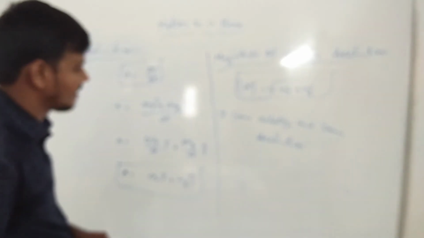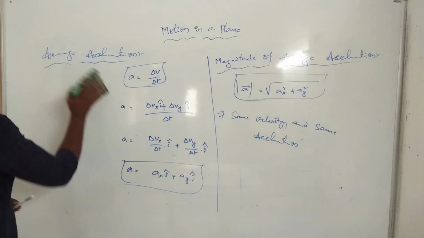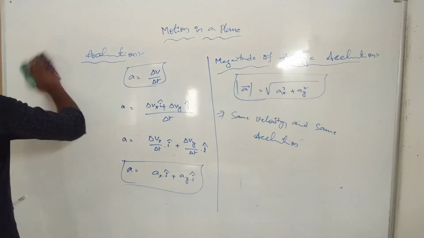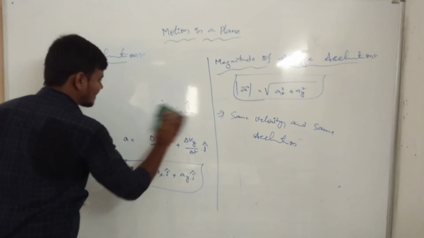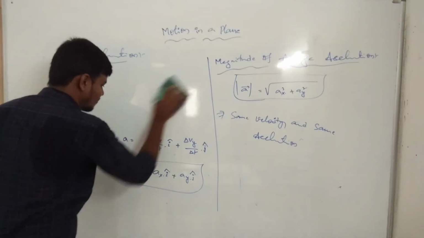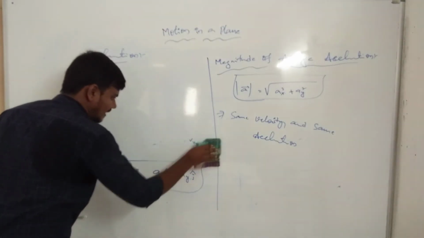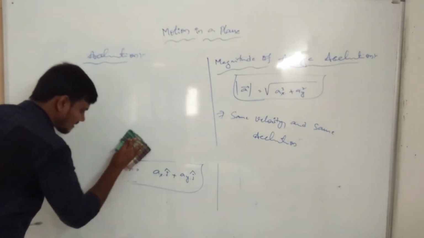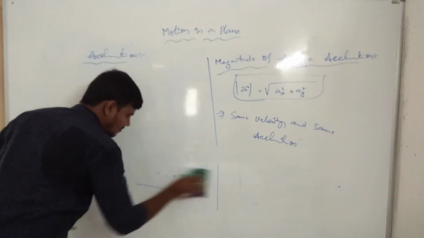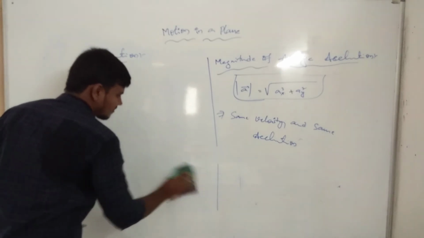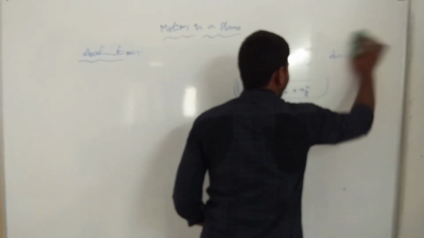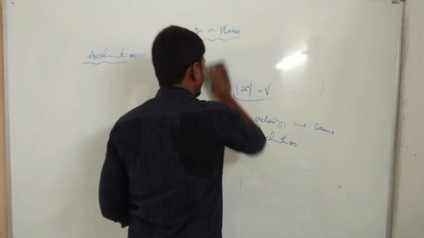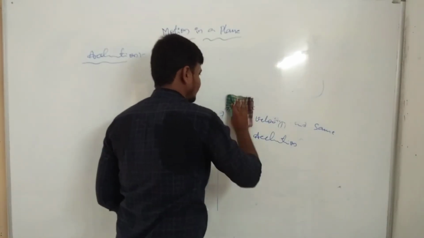Now what is instantaneous acceleration? Instantaneous means an instant of time. We can use three kinds of graphs in this topic. Now what is the definition of instantaneous acceleration?